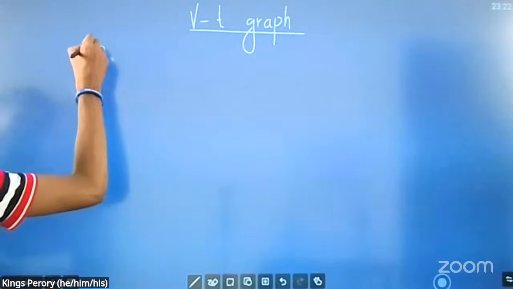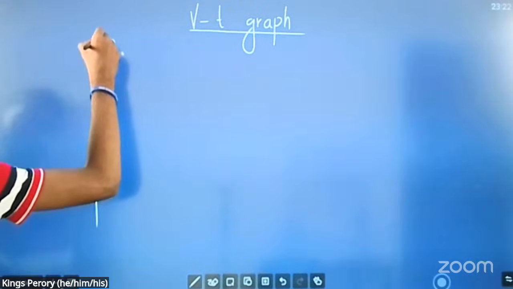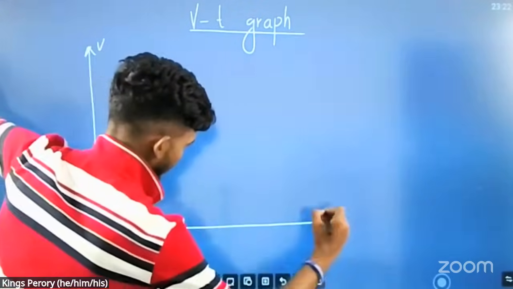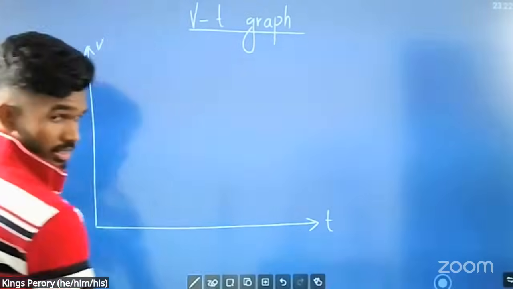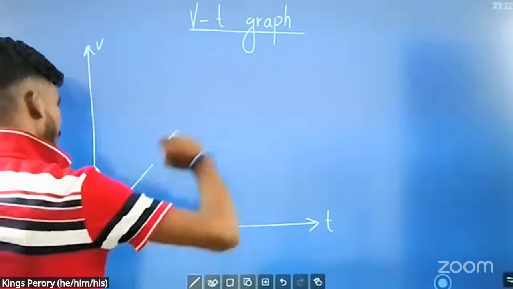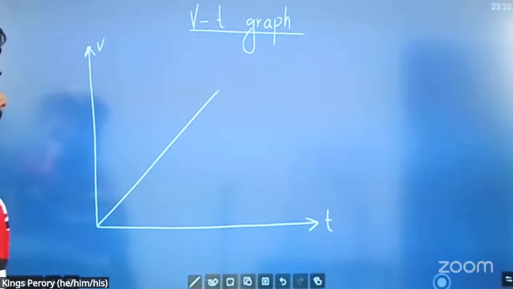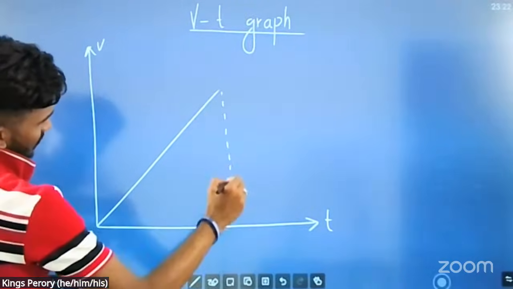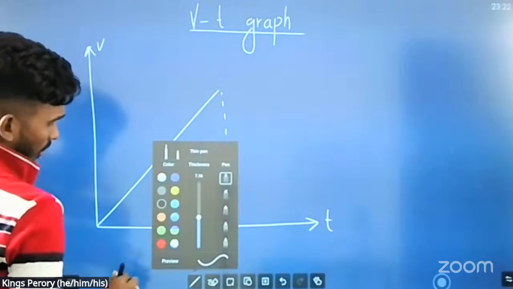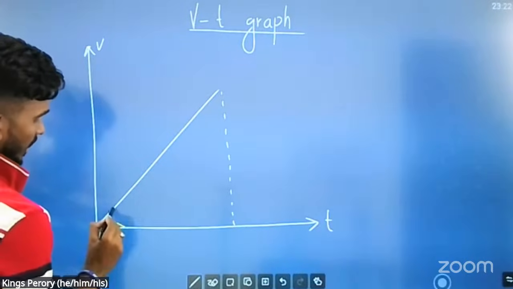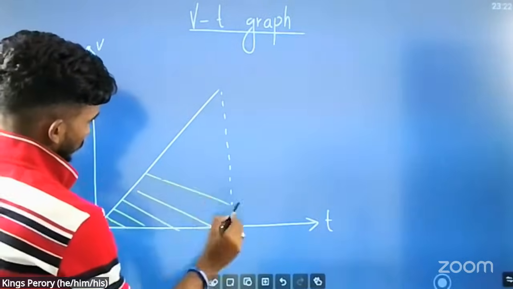VT graph, y-axis is velocity axis, x-axis is time axis. I'll just draw a normal graph. There is a certain area under the graph.